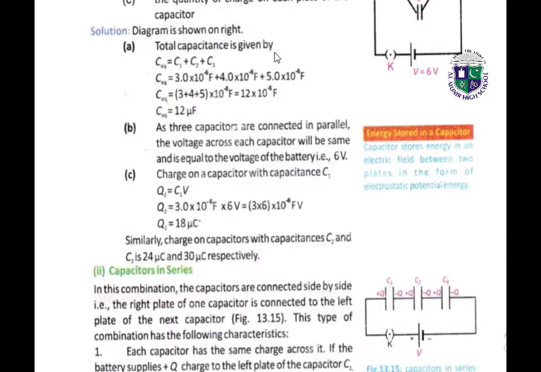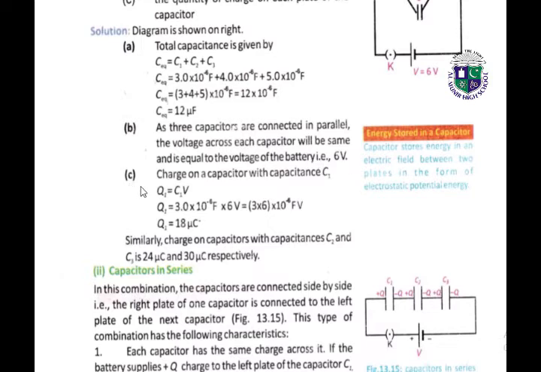Total capacitance is given by C1 plus C2 plus C3. By putting the values, we get the total capacitance. Part B, as three capacitors are connected in parallel, the voltage across each capacitor will be the same and is equal to the voltage of the battery, which is 6 volts.